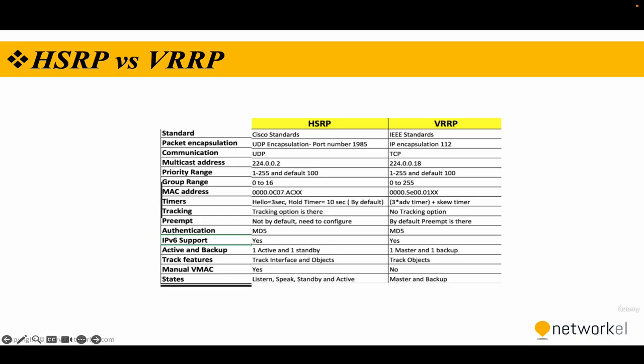And the features are, it is providing standardized failover mechanism, okay, and supports up to 255 groups per interface with authentication support, but it supports IP version 6 better compared to HSRP.